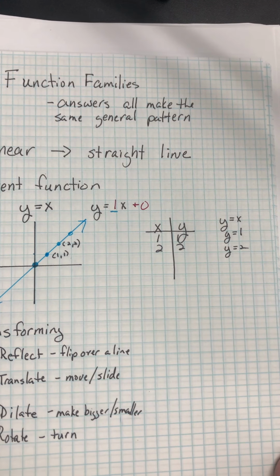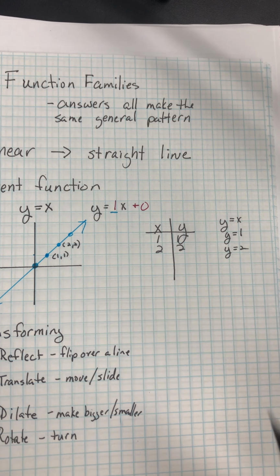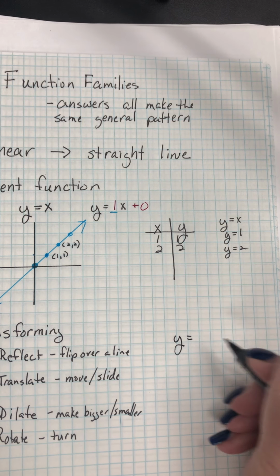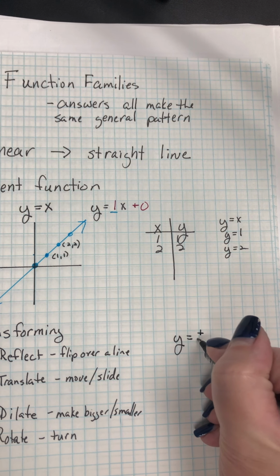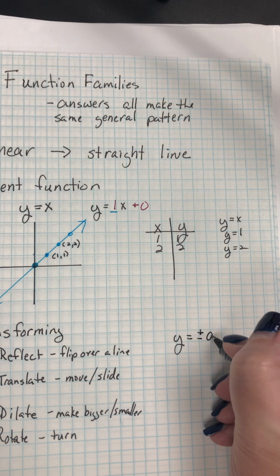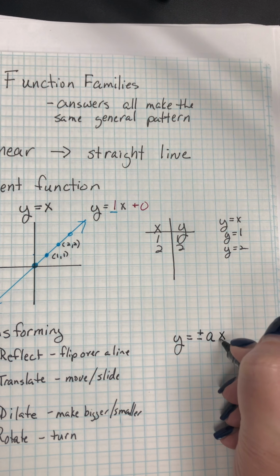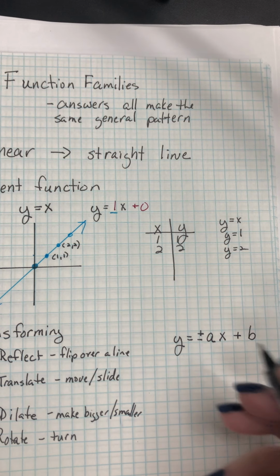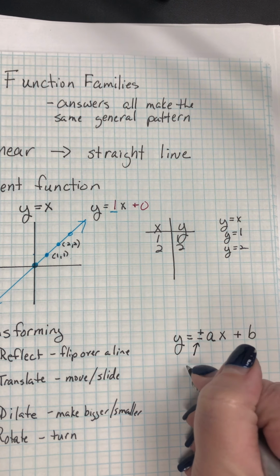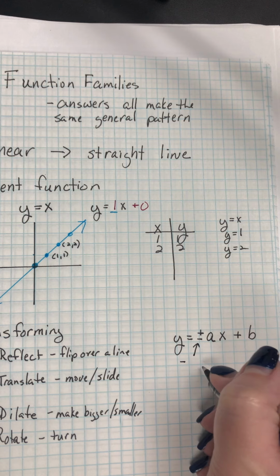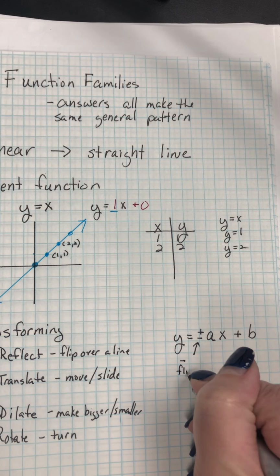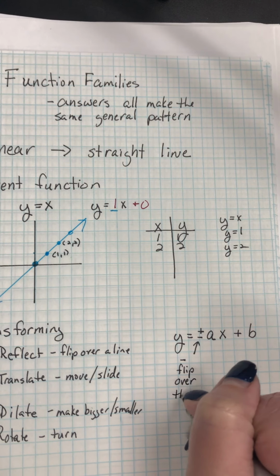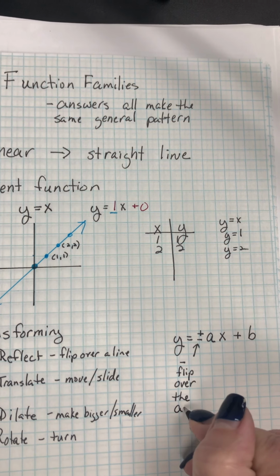So when we are transforming a linear equation, here's an example: y equals plus or minus some number being multiplied by the x, plus some other number. If it is minus, it will flip it or reflect it over the axis.